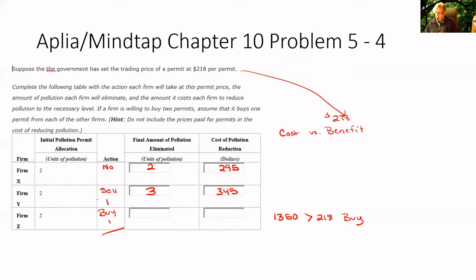Here's your double check. Make sure that if you have a sell, you have a buy. That's kind of the important part of this particular problem. Okay, so how are we going to figure out the final amount of pollution eliminated for Z? So what we're going to do here for Z is we're going to say, okay, they had 4, they're using 2, and they're buying 1.